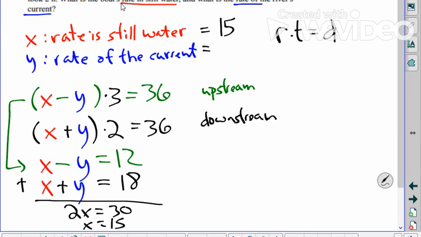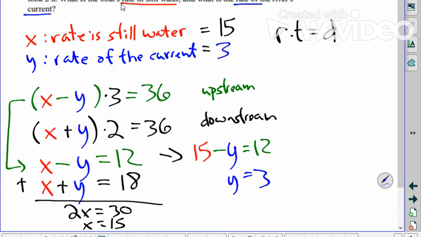And I can use one of my other equations then, like if I borrow this one, now that I know that x is 15, this says 15 minus whatever y is has to equal 12. Well, I can see the thing that I subtract from 15 to get 12 is 3, so the current is 3 miles per hour in the river.